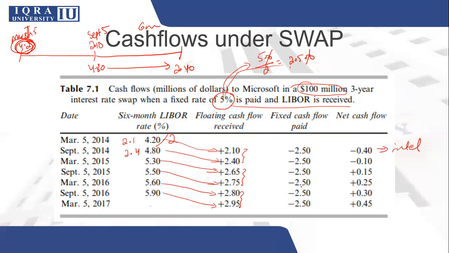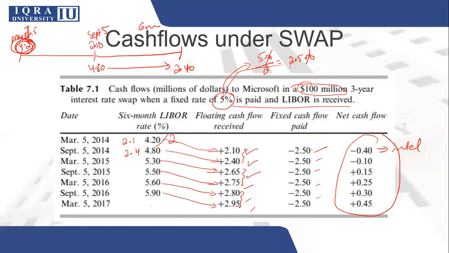Now, this is another important aspect of a swap: these payments are not exchanged in full. It's not like Microsoft is going to receive these payments and then make those payments. The net amount is exchanged. So if Intel has to pay 2.1 and Microsoft has to pay 2.5, Microsoft is going to say, okay, I'll just pay you 0.4.